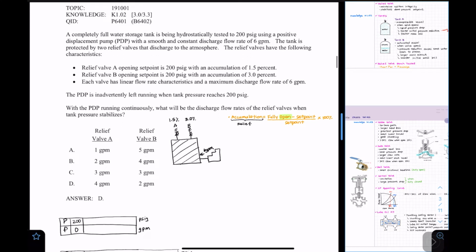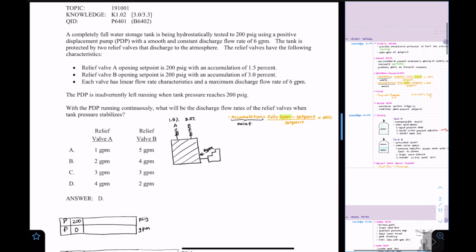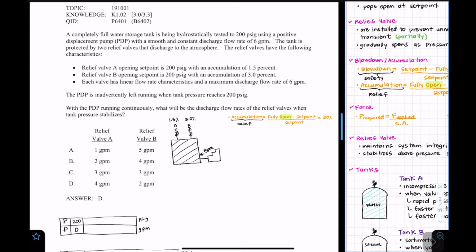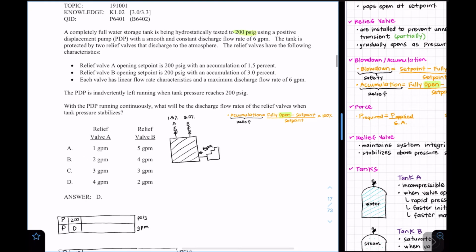Okay, this one is a little bit more interesting. It takes us back to the concept of blowdown and accumulation. So a completely full water storage tank is being hydrostatically tested at 200 psig using a PDP with a smooth and constant discharge of 6 GPM.